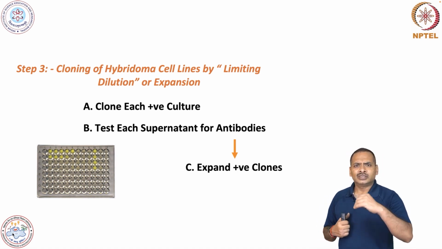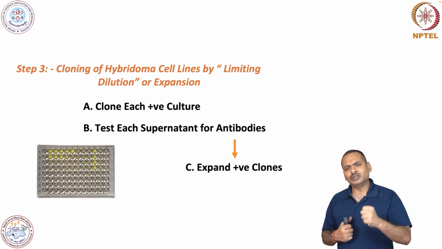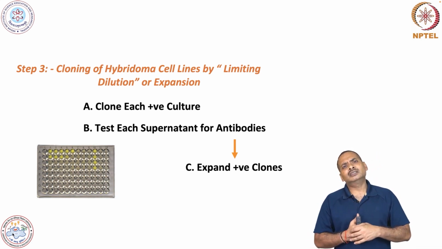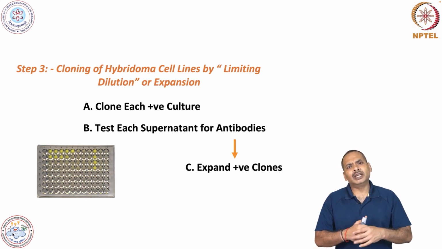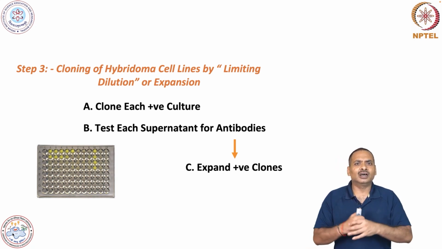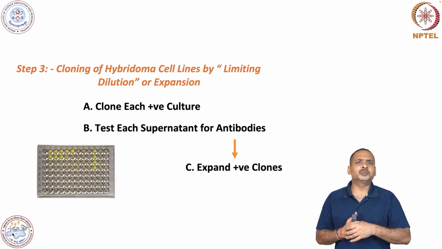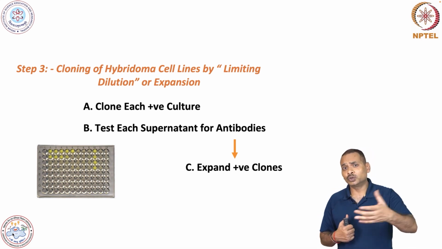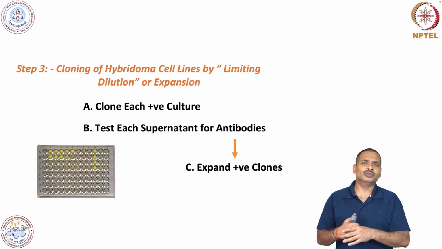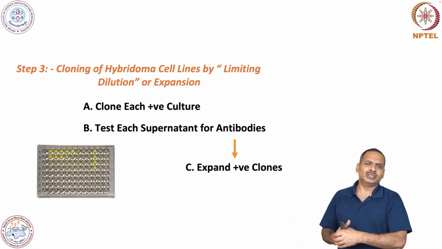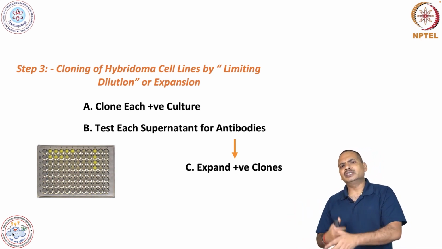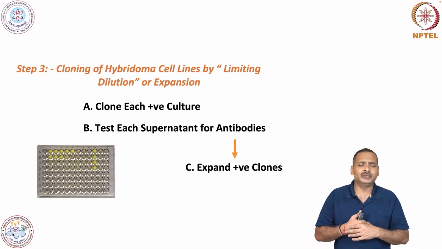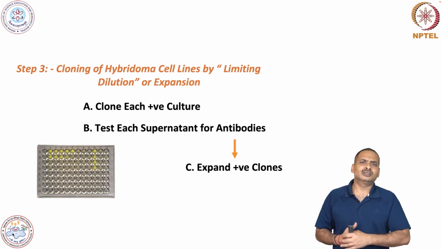This cancerous cell will grow like anything in the peritoneum and make the belly of the mouse extremely large, and you just aspirate that fluid, which will be rich in that monoclonal antibody. This is one way, but it is not a very good way, because it will contain a lot of other proteins. So if you need a very purified antibody, this method is not good.